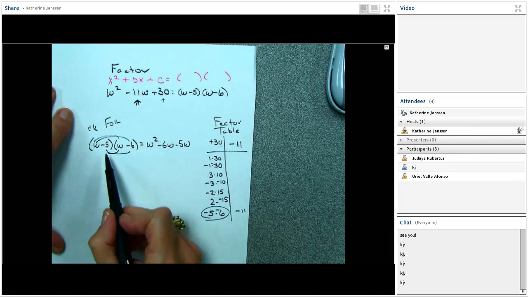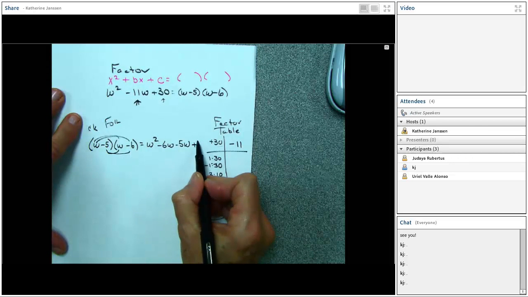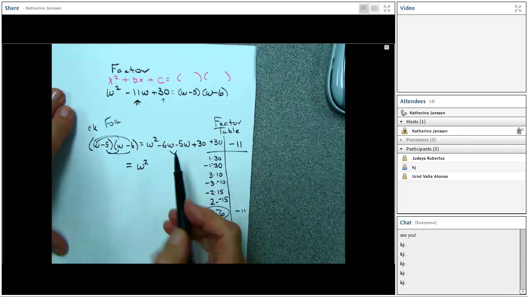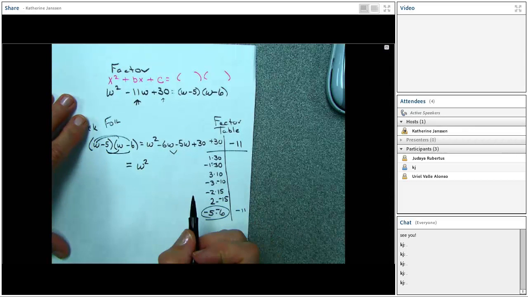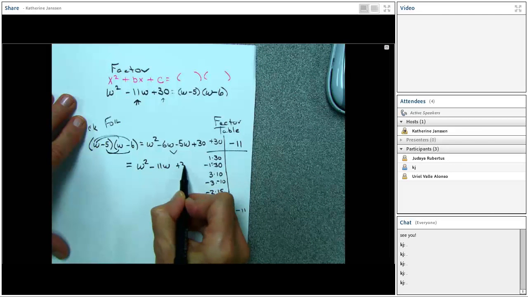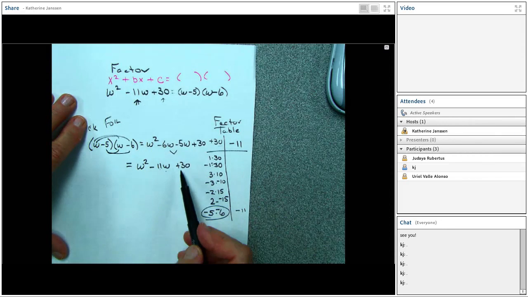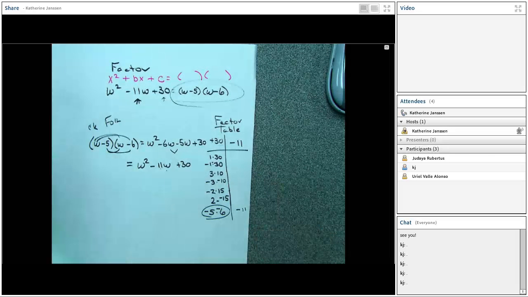And the last terms, a negative 5 times a negative 6, would be a positive 30. Collect like terms. We're collecting two like negative middle terms for negative 11w plus 30. W squared minus 11w plus 30 checks, so we can circle our factored answer.